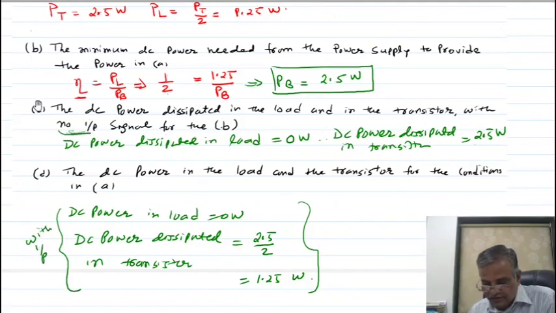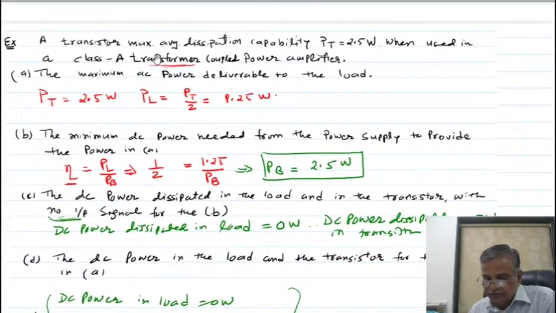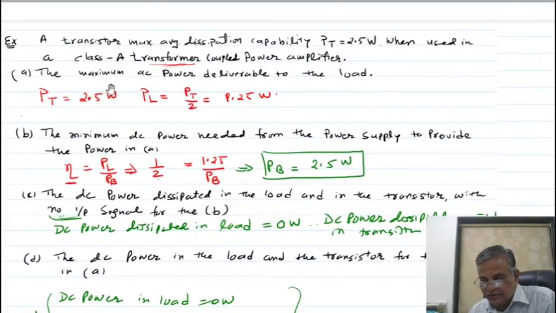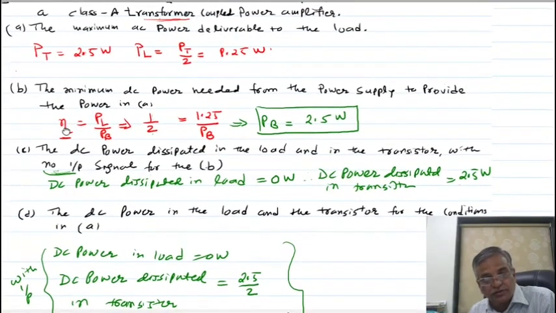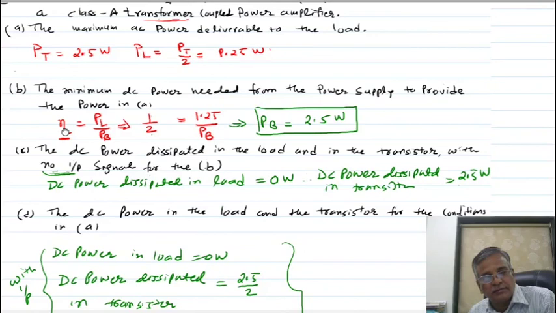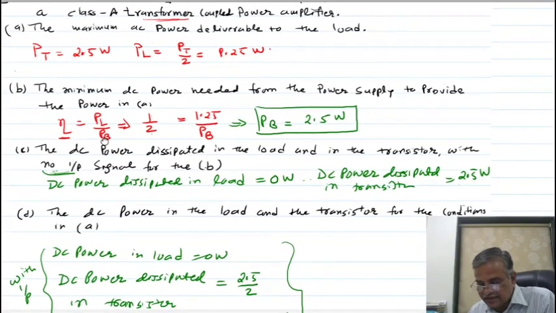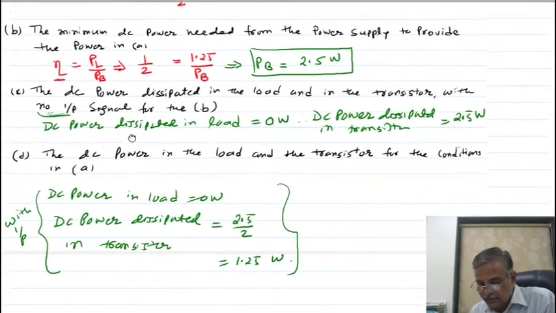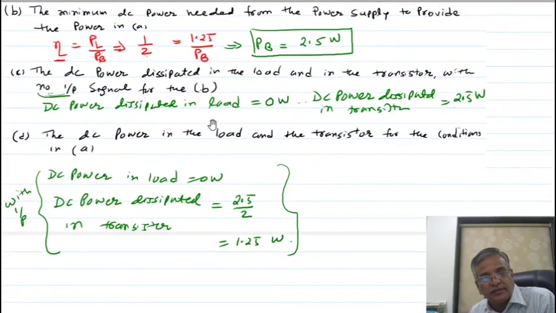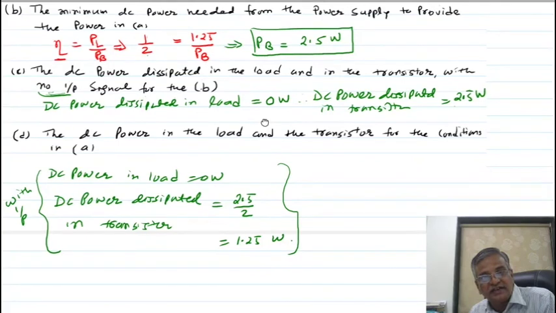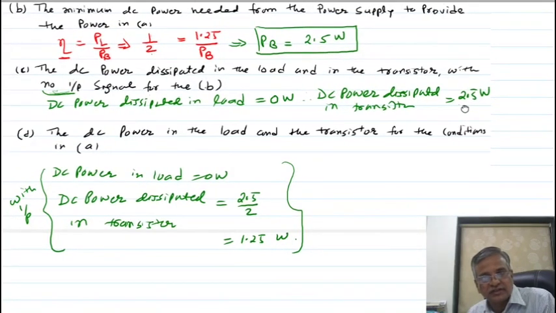This numerical, I am just giving you in brief. In a transformer coupled amplifier, PT is given, so PL is PT by 2. The efficiency is not given, but you should know the efficiency of a transformer coupled amplifier is 50%, so again I can write how much PB is required. When no input signal is applied, the DC power dissipated in load is 0, because the primary resistance we have taken tends to 0, and whatever DC you are applying will be dissipated across the transistor.